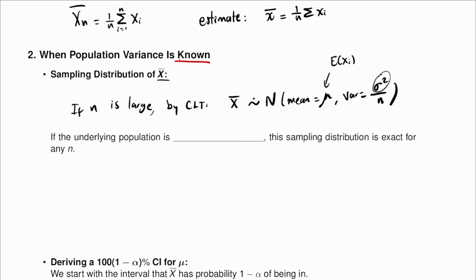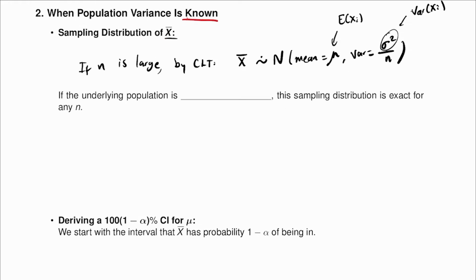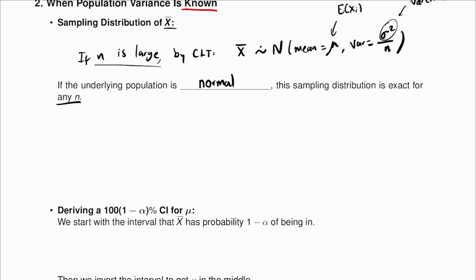And this sigma square is the variance of each of the random variables. If the underlying population is normal, this sampling distribution is exact for any n. We will need the condition that n is large when the population is not guaranteed to be normal. If it is normal, then it doesn't matter the sample size.